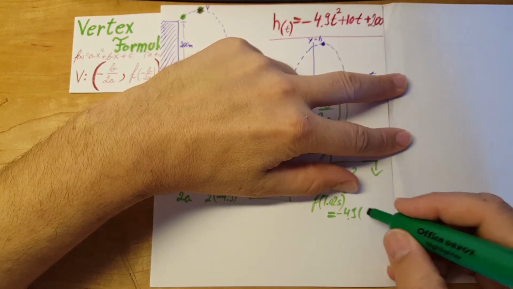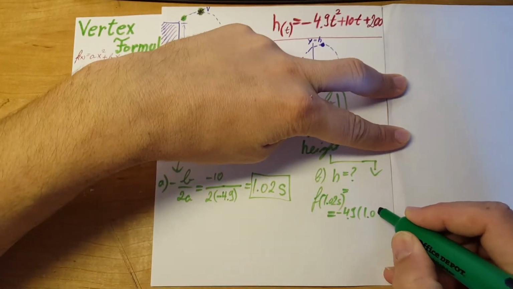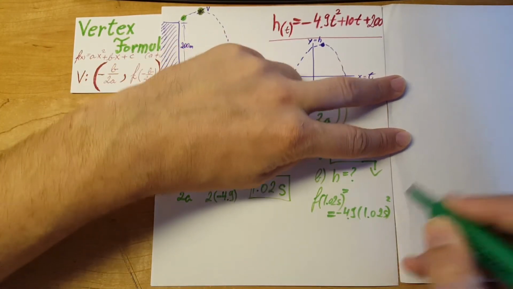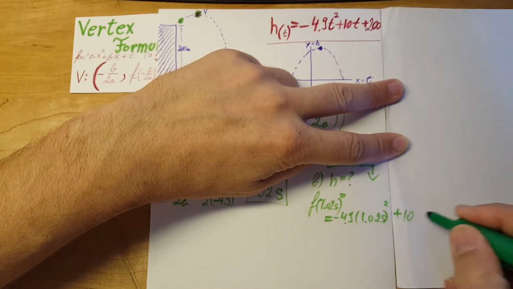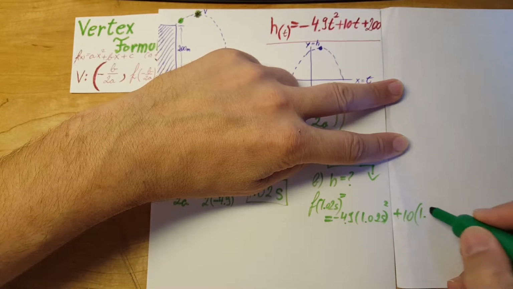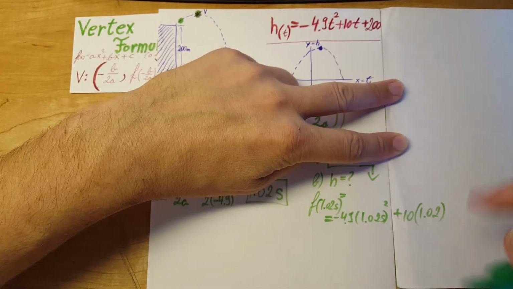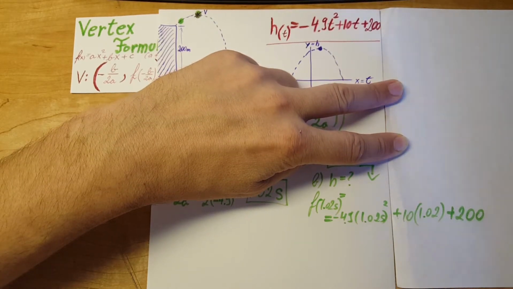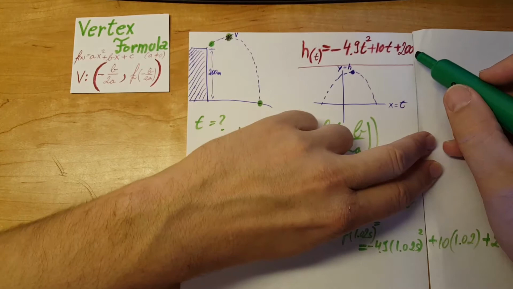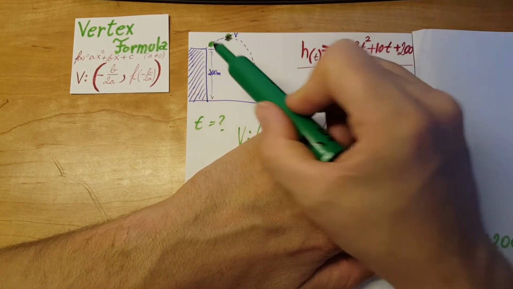Negative 4.9, and we're gonna have 1.02 seconds squared, then plus 10 times 1.02, and then plus 200. 200 is basically the height from which the projectile was initially shot.